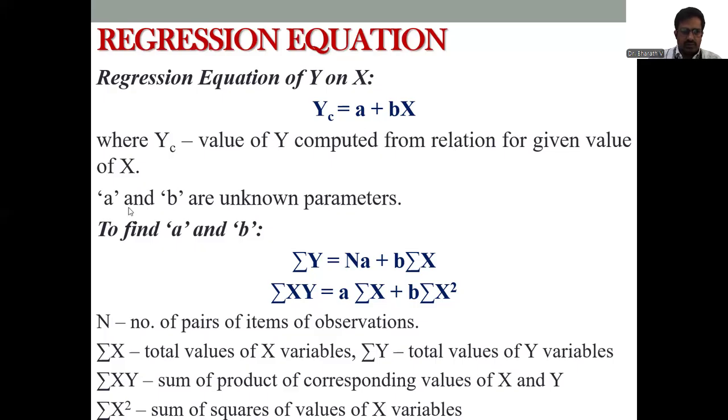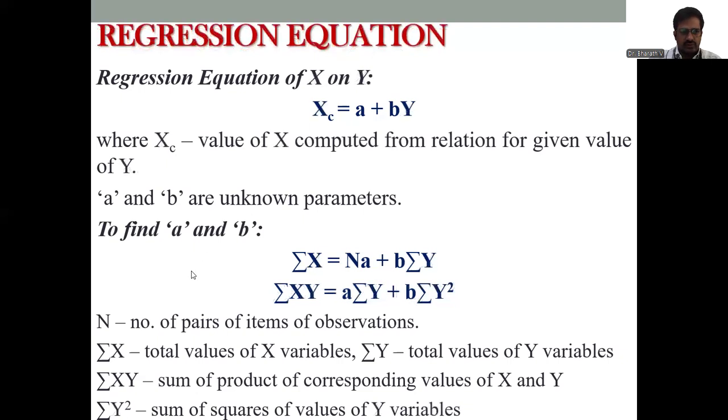To calculate the unknown parameters a and b, the first equation is sigma y equals n multiplied by a plus b sigma x. The other equation is sigma xy equals a sigma x plus b multiplied by sigma x squared. If you simplify these two equations using the x and y series, you will calculate a and b, and using these two parameters we can predict the dependent variable y.